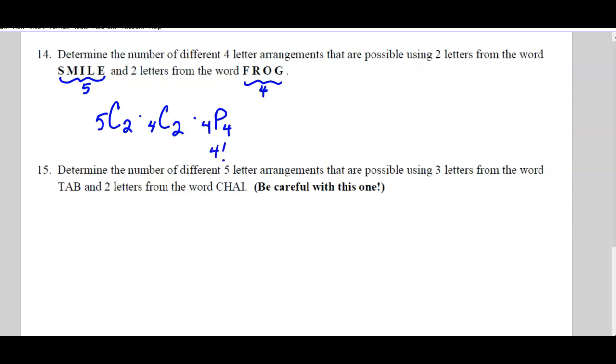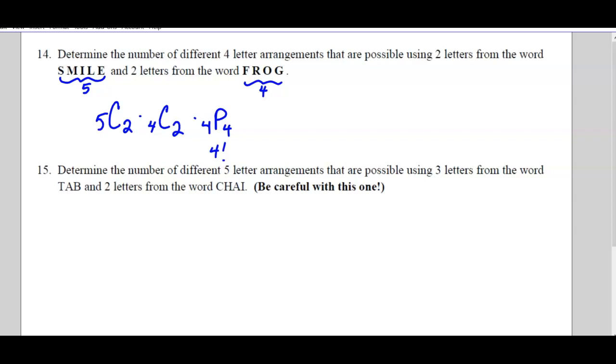But it's a multiplication because you have to figure out all the groups of 2 letters from each of those. Then that only tells you which letters you're using. It doesn't tell you the order. So you have to get all the orders for each of those groups of 4. So that one kind of involves both properties.